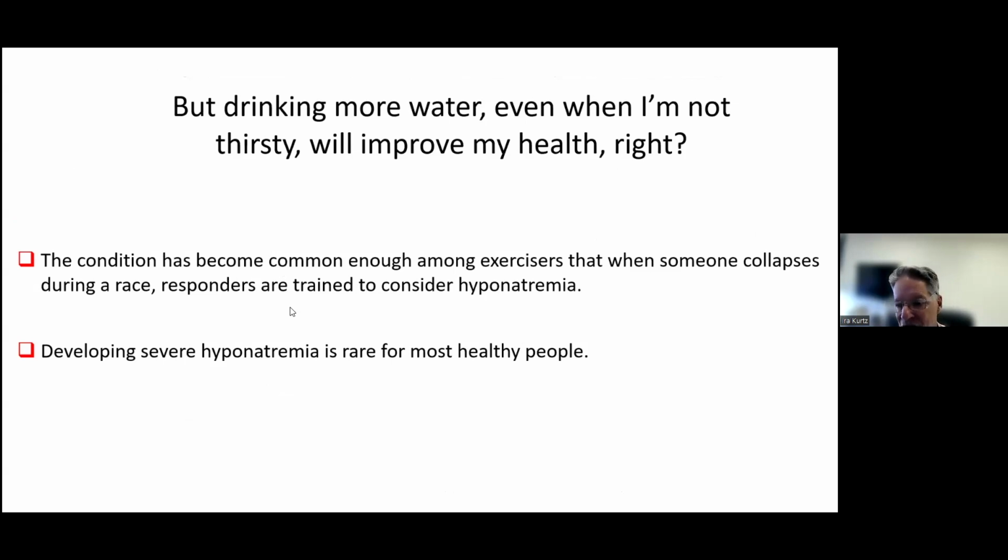No, everyone knows now that you should drink water before the race. But some people drink way too much and actually get a low sodium in their blood and are overhydrated, and that's why they collapse. So it's the exact paradoxical converse. But in regular average people, developing hyponatremia, which means a low sodium in your blood from being overhydrated, is pretty rare.